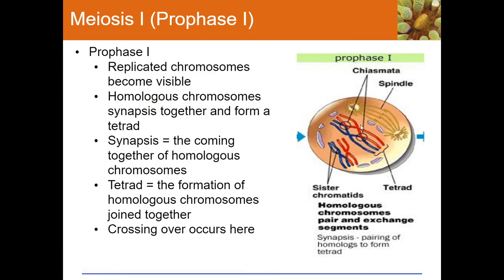And in that process, when they synapse together, they will do what is called crossing over, where they exchange some chromosomal segments between them. So some genes, essentially. So you're taking the chromosome that dad gave you and the one that mom gave you, and you're taking it like a deck of cards and shuffling them together and then dealing them back out. 52 here, 52 there. So they are both full decks.